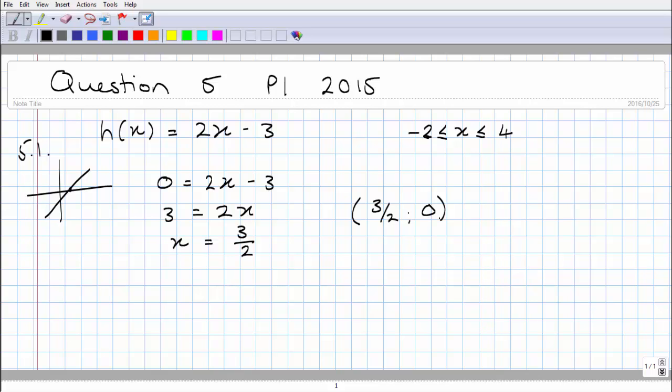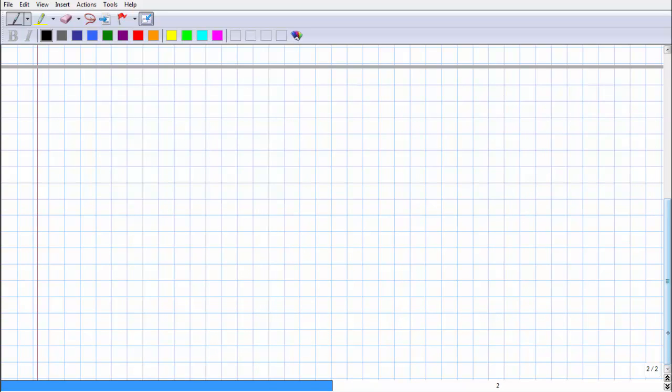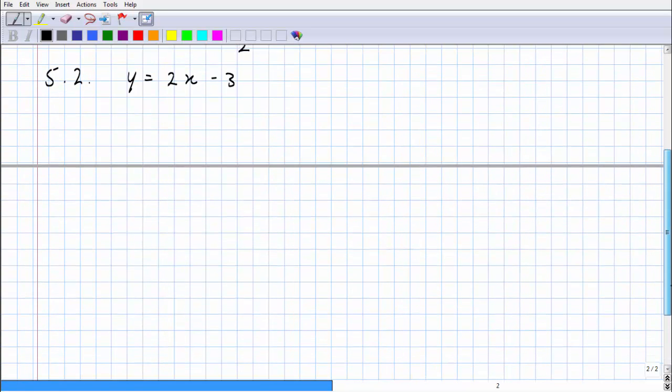The next question they asked was write down the domain of the inverse. Now 5.2, if you guys remember what the inverse is, an inverse, if we have y equals 2x minus 3 and we look at the inverse of that, we find the inverse by simply swapping your x and your y's and then solving for y.